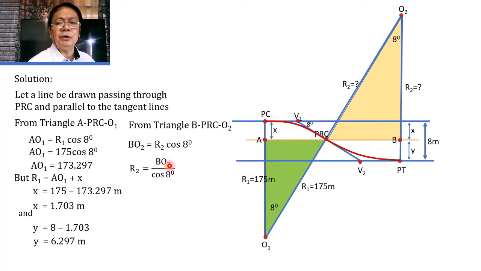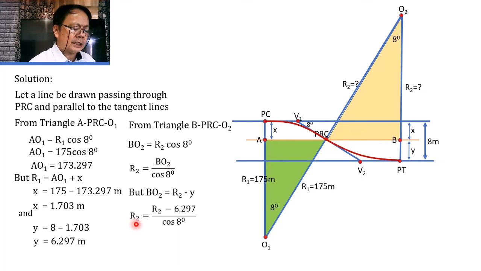But what is B O sub 2? If we look at the illustration again, B O sub 2 is the difference between R and Y. Right? R and Y. So B O sub 2 is equal to R sub 2 minus Y. And from here, substituting Y equal to 6.297, R sub 2 will be equal to R sub 2 minus 6.297 divided by cosine of 8 degrees.